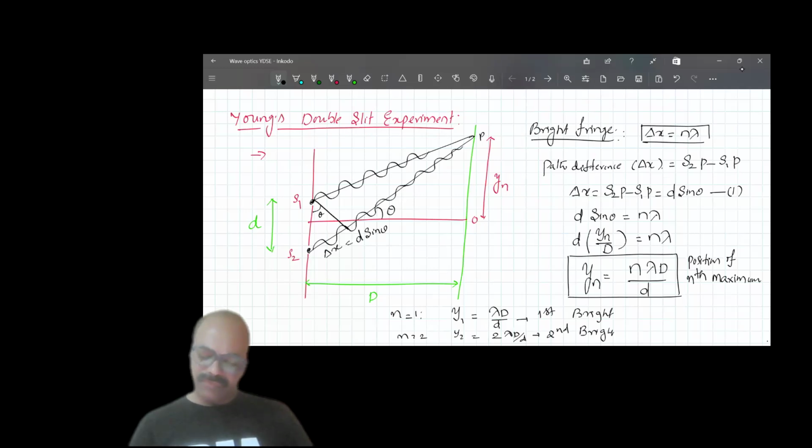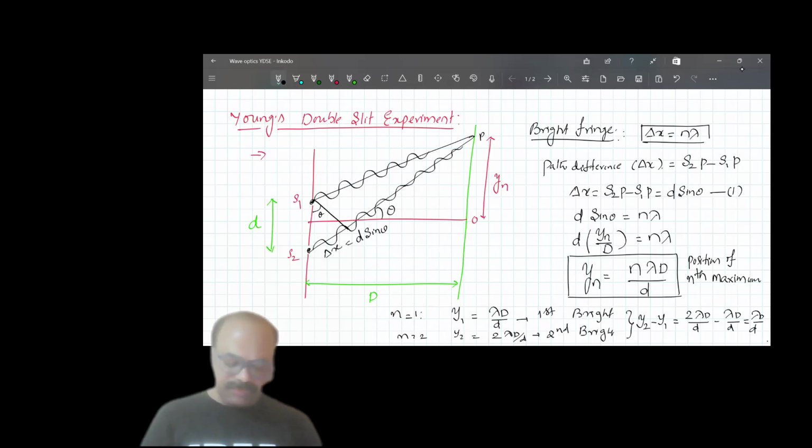Now if you see the difference between the second bright and the first bright, y2 minus y1 equals 2 lambda capital D by small d minus lambda capital D by small d, which is lambda D by small d.